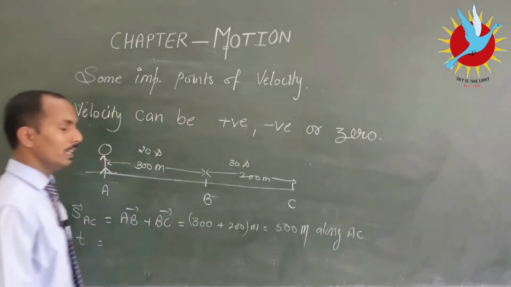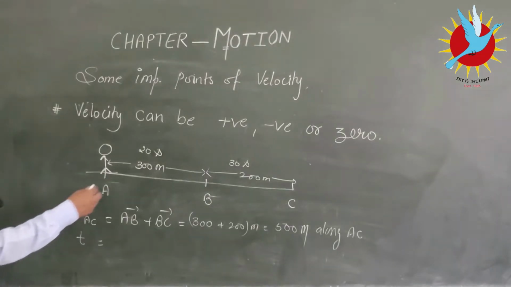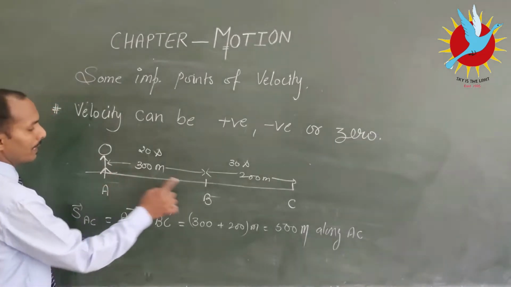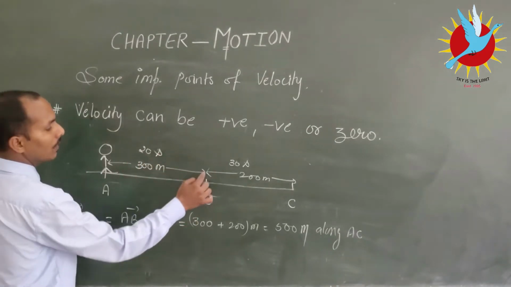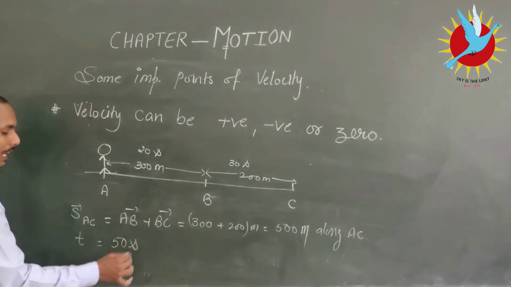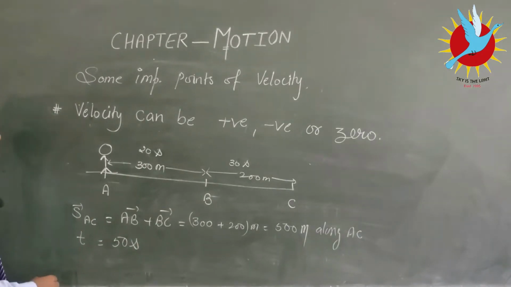How much total time? From A to B is 20 seconds and from B to C is 30 seconds, so total time is 50 seconds.